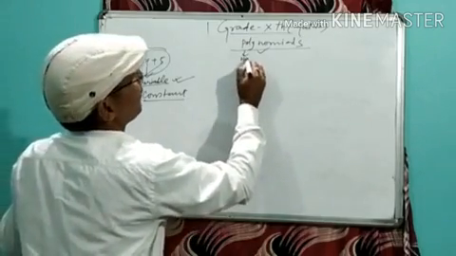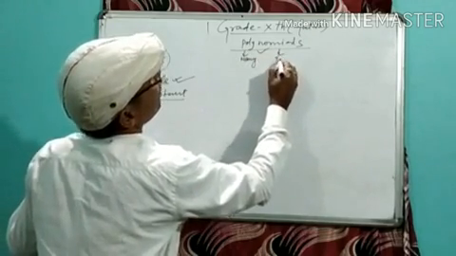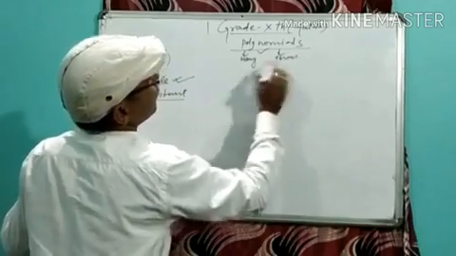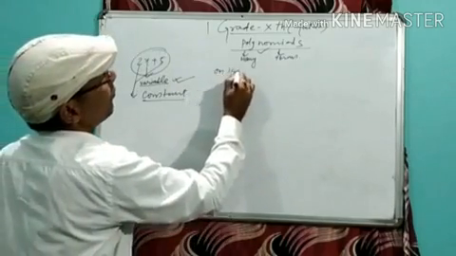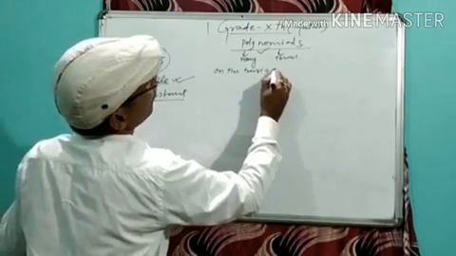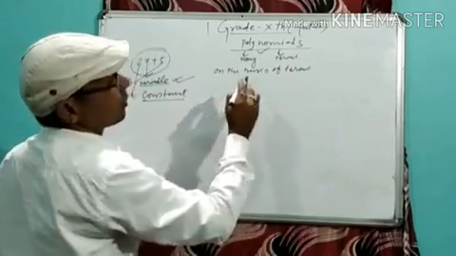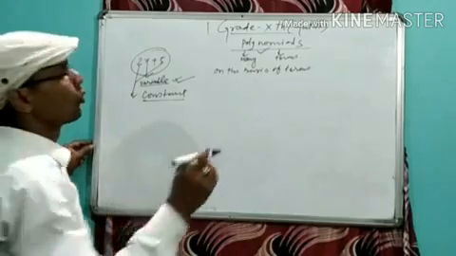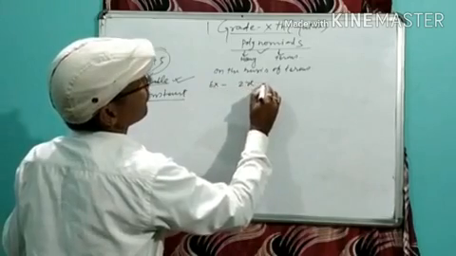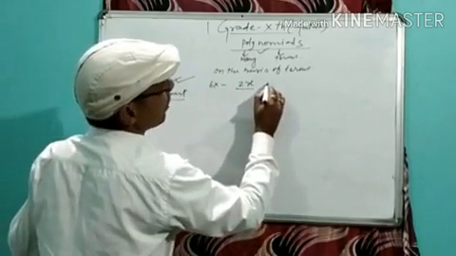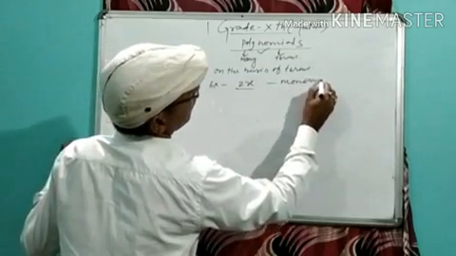Poly means many and nomial means terms. In a polynomial there are many terms, and on the basis of terms there are several types of polynomial. Suppose I am taking an example: this is 2x, a single term, one term. It is a monomial.